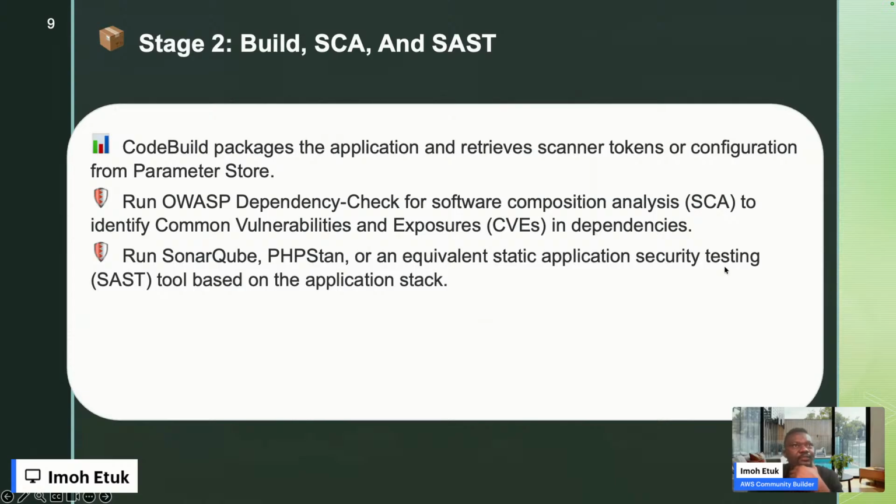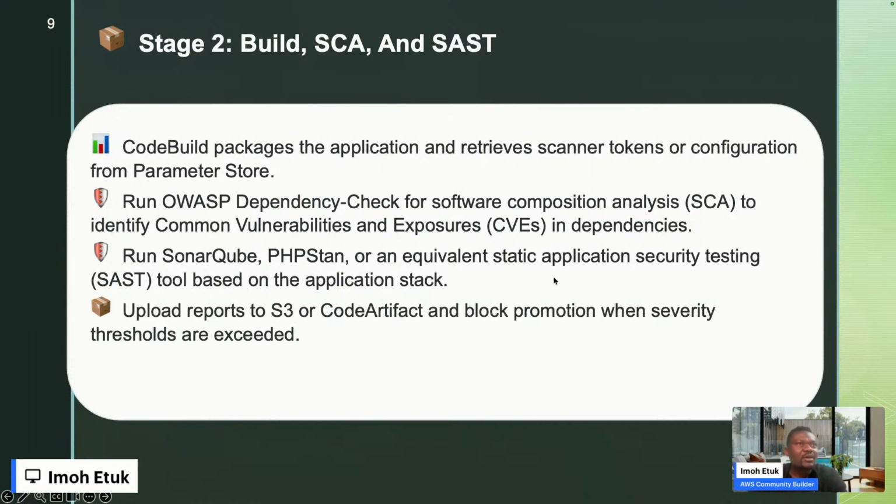Run SonarQube, PHPStan, or an equivalent static application security testing tool based on the application stack. Most of these fall under SAST. Note, SonarQube is a SAST tool, and so is PHPStan, and maybe PyTest and the like. You can research more on this. Upload the report to S3 or CodeArtifact and block promotion when severity thresholds are exceeded.